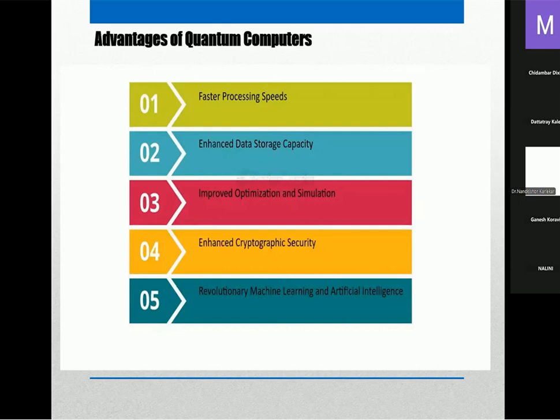When we talk about revolutionary machine learning and artificial intelligence, it works on huge data. Now, the computer industry started near 1960, so in around 60 years, data has become very huge. All companies are working on data intelligence.